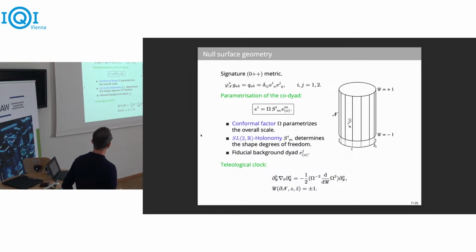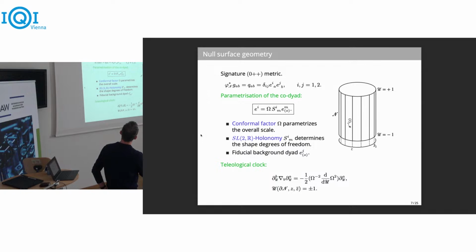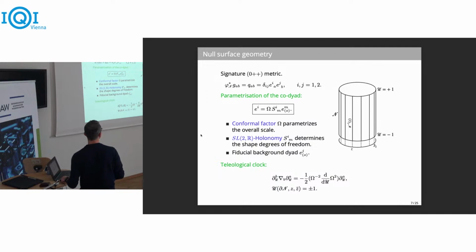Now any such co-dyad can be parameterized in the following way. We introduce an overall scale, a conformal factor, and then there are the shape degrees of freedom that are encoded into an overall SL2R holonomy. Pictorially, you can think of what's going on here as follows.